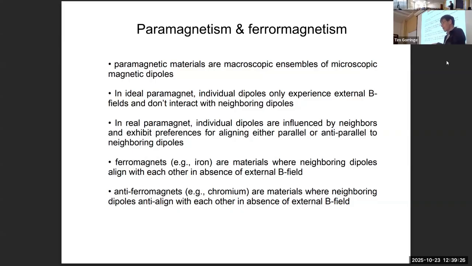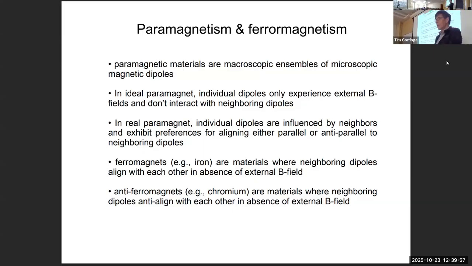There is another case called antiferromagnetic materials. That's where the individual dipole moments want to anti-align with one another, lining up opposite one another. Chromium is an example of a material where the dipole moments want to line up opposite to one another, and that's called antiferromagnetic. It's actually complicated whether a material is ferromagnetic rather than antiferromagnetic.